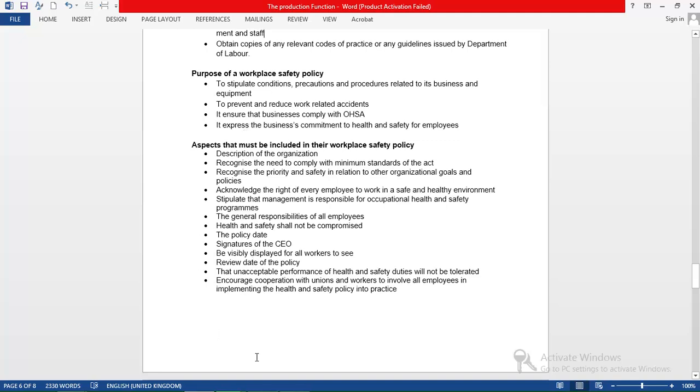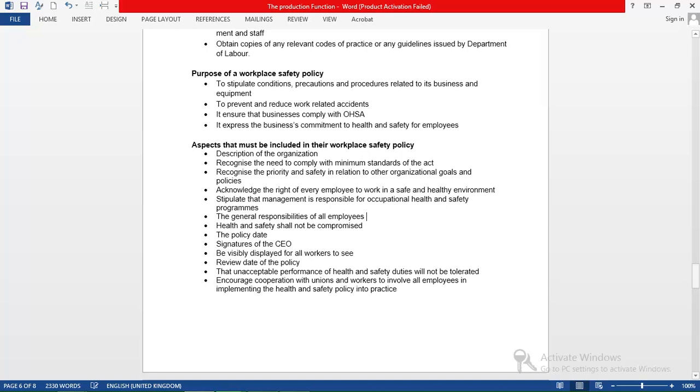So what must be included in the health and safety policy? Guys, just go through this. It's quite easy. It's a lot. Just know any few ones. Description of the business, the policy date, when it was made, the signatures of the CEOs of the business, and any dates of review. This policy should be reviewed now and again and adjusted with time, and health and safety shall not be compromised. Those things should be mentioned in the health and safety policy, together with the responsibilities of employees and responsibilities of employers.